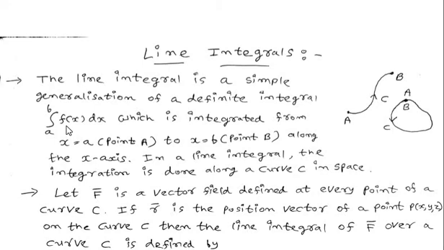This is the integration of a function of x along the x-axis from x equals a to x equals b. But in case of a line integral, the integration is done along a given curve C, from the point A to point B, and that is called a line integral.